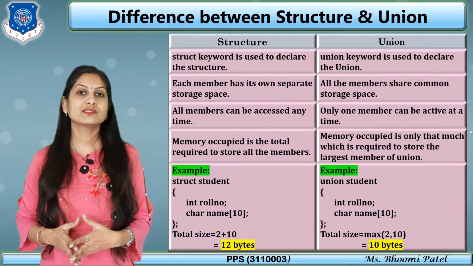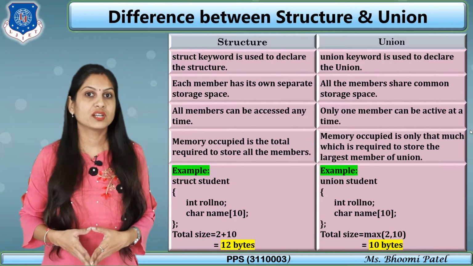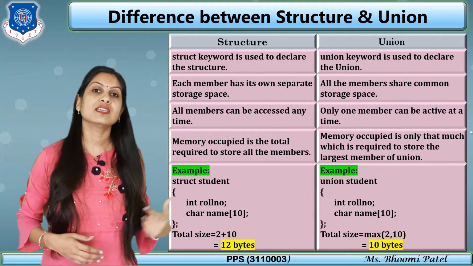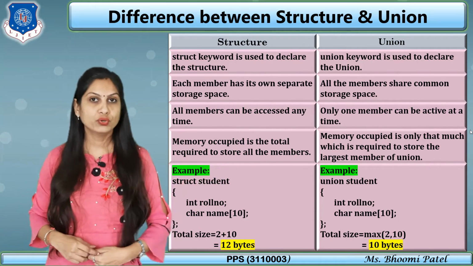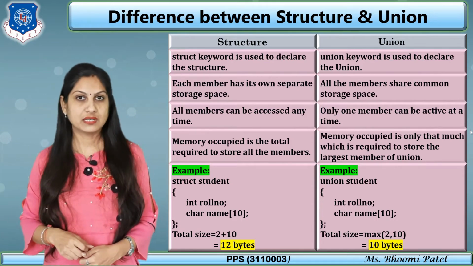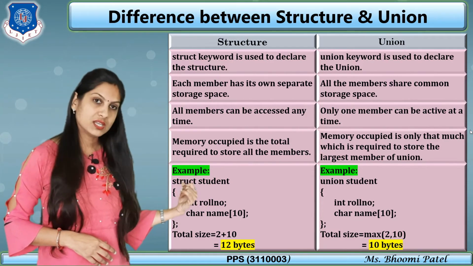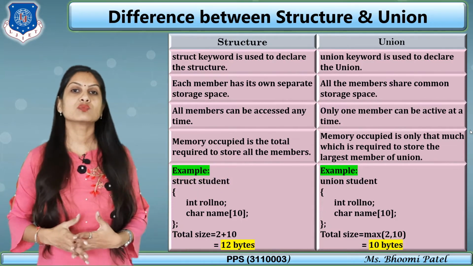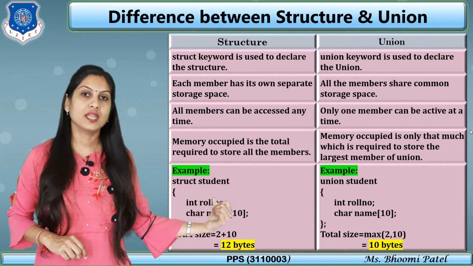And the fourth one is the memory. How much size will be occupied for structure variables? In a structure the size is the total of all the members, and in case of union it is the maximum among all the members. Clear? So let's see the example. First we write the struct keyword that indicates the structure, then student, and inside curly brackets we write two members, integer roll number and character name 10.